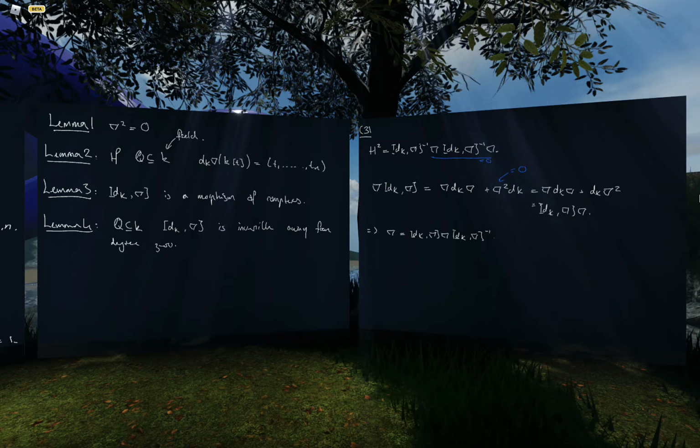And then we can just multiply on the right, or I guess compose on the right, by nabla again to get 0 is equal to nabla.